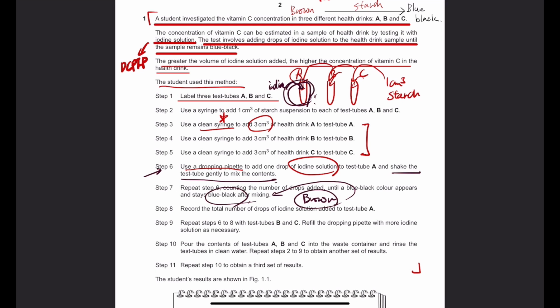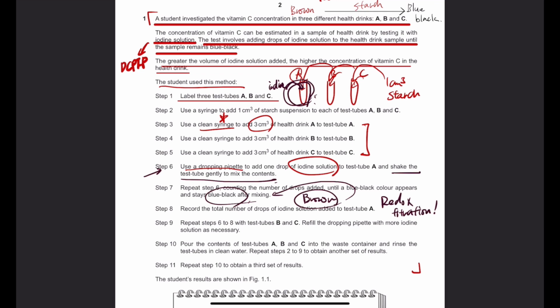So I'll probably just explain what's going on here. So this method is actually determining the vitamin C concentration in solution by a redox titration. Yes, a bit of chemistry here.